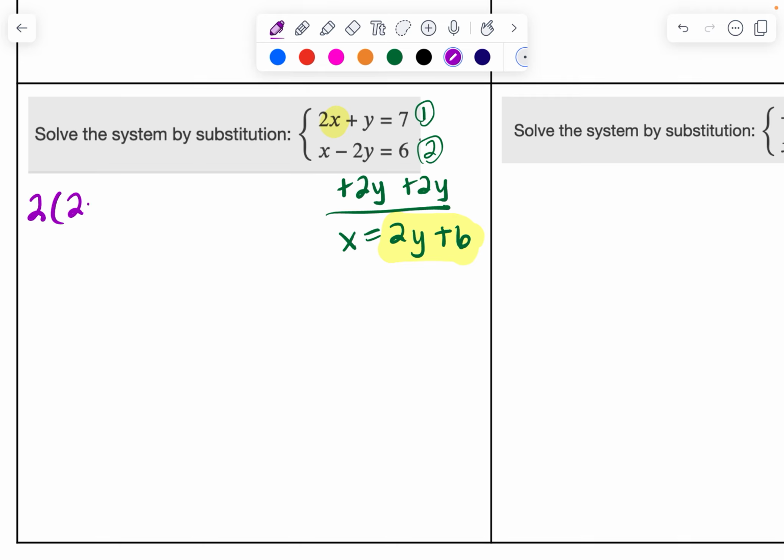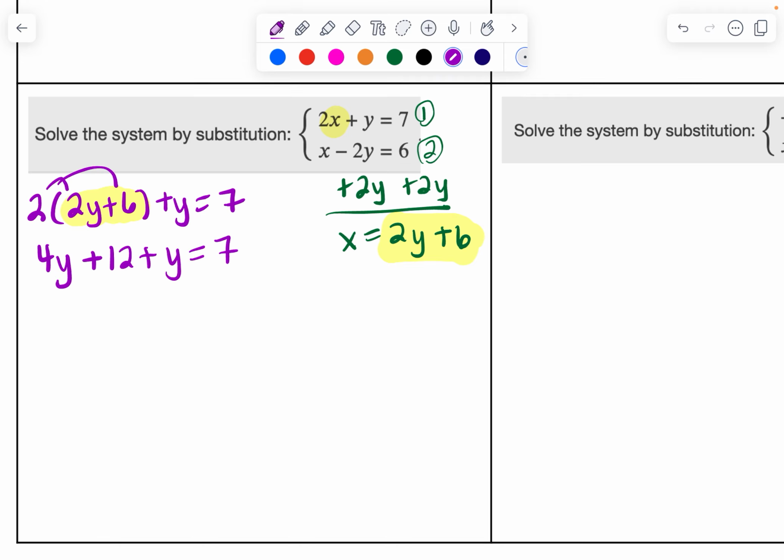So 2 times 2y plus 6 plus y is 7. Again, this 2y plus 6 came from what I had written in green. Simplifying this, 2 times 2y is 4y. 2 times 6 is 12. Plus y is 7.